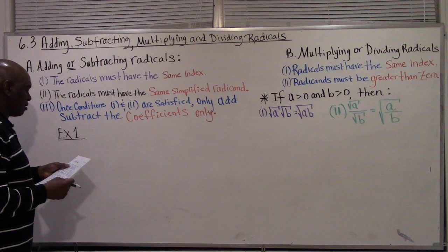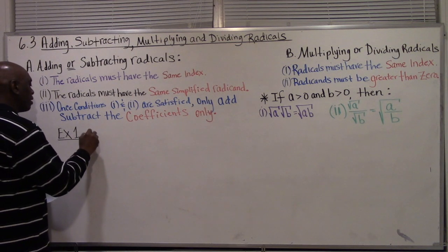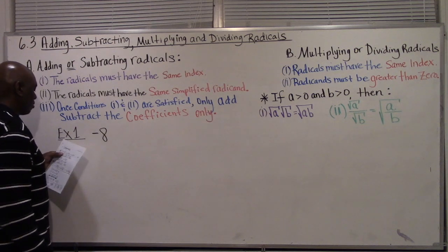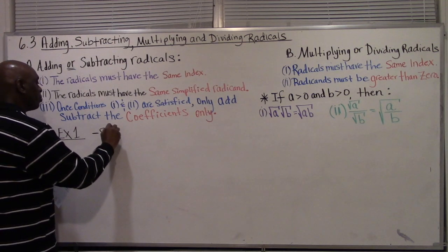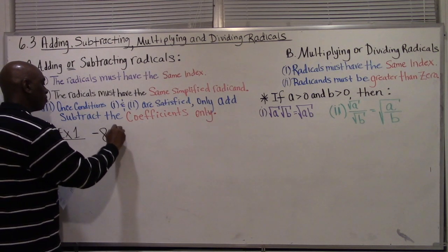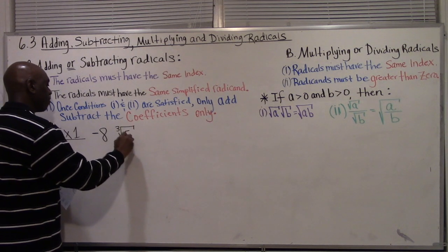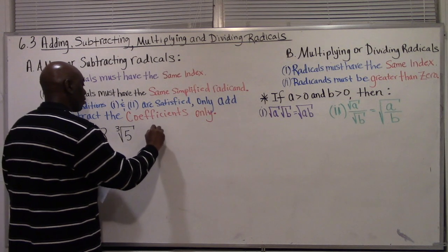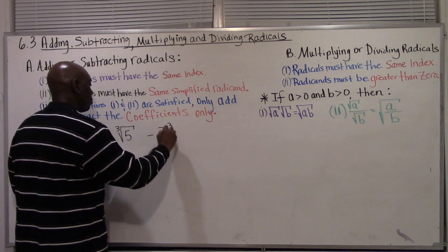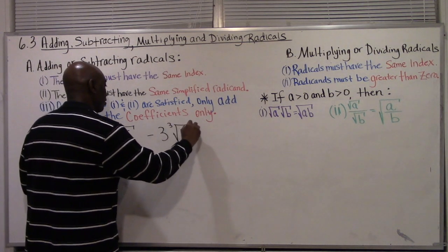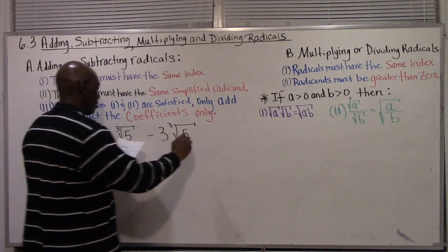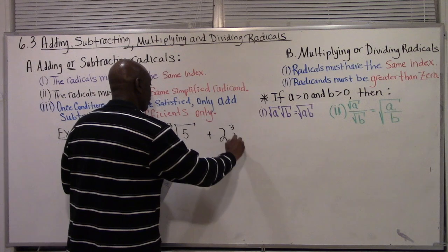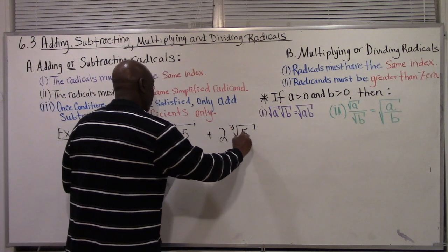All right, let's say we have negative 8, the cube root of 5, minus 3, the cube root of 5, plus 2, the cube root of 5. Okay.